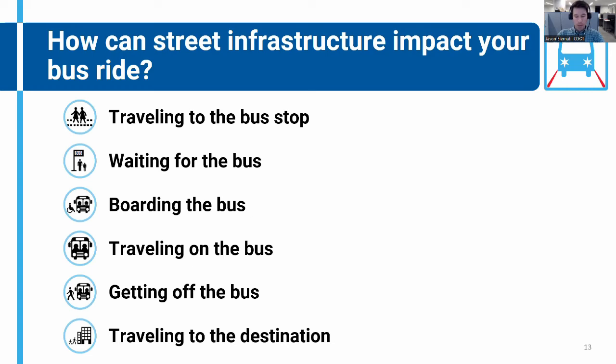Waiting for the bus can be improved by bus priority street treatments that can reduce delays and make wait times more consistent, as well as amenities such as shelters at the bus stop to improve the wait experience. Boarding and getting off the bus is a better experience when there is enough clear space on the sidewalk to allow for riders to enter and exit comfortably, and for the bus ramp to be deployed easily for those who need them. Next slide.